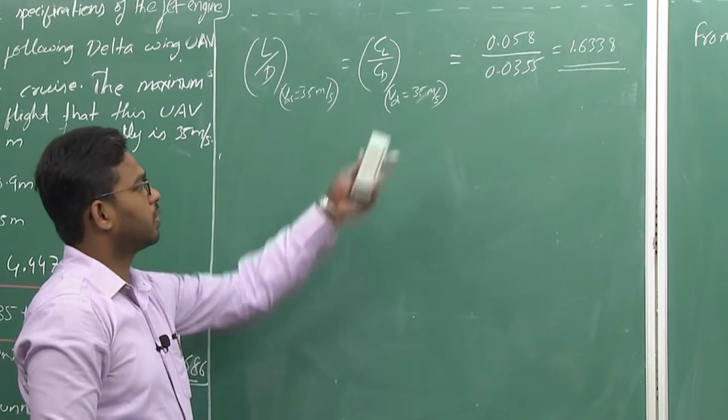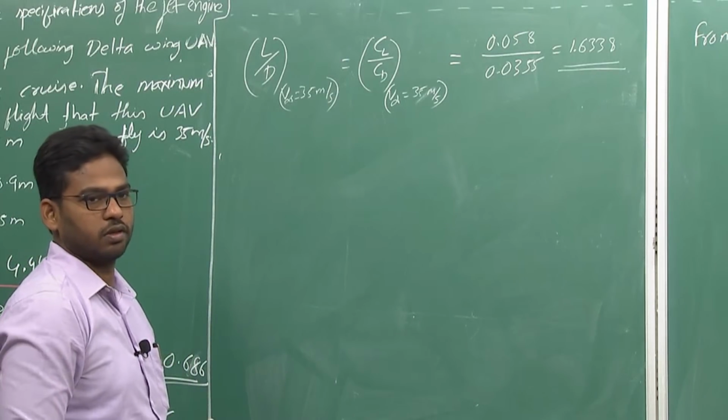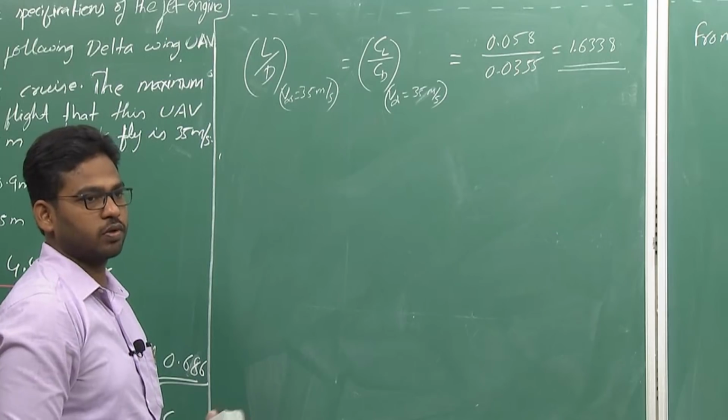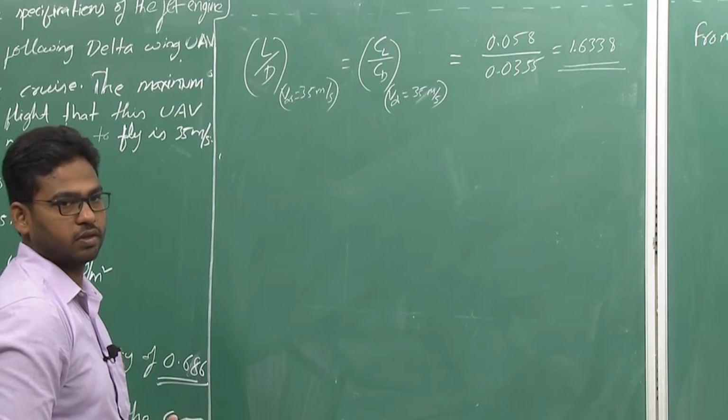In other cases it would have been at least 16, 14. In delta wings it is like 1.6 because the profile drag is very high for delta wings.